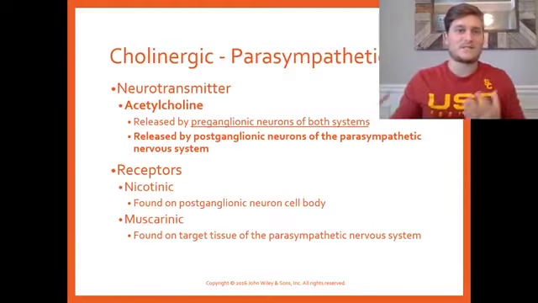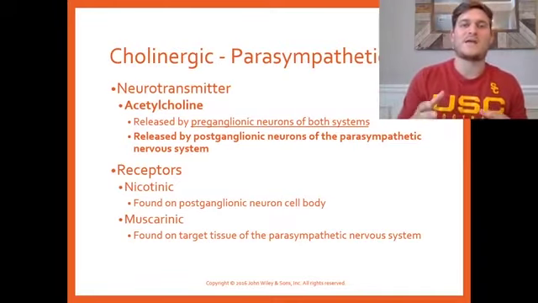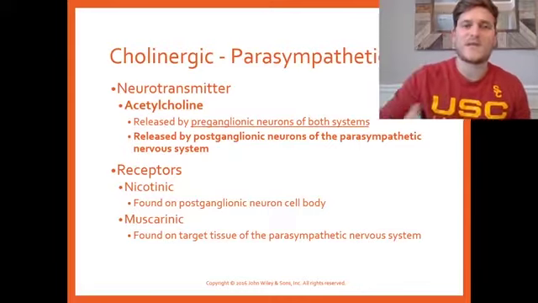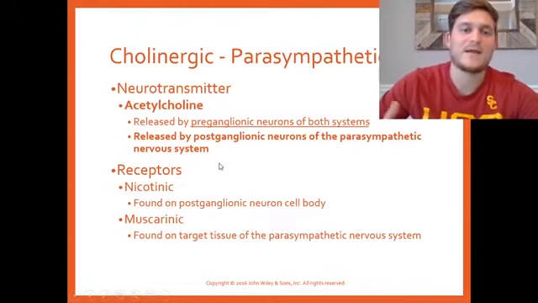So you're going to see acetylcholine is just a neurotransmitter that has different functions depending on where it's binding to. But for postganglionic parasympathetic neurons, this acetylcholine that is released is going to lead to parasympathetic nervous activity at the effector cell that it binds to.